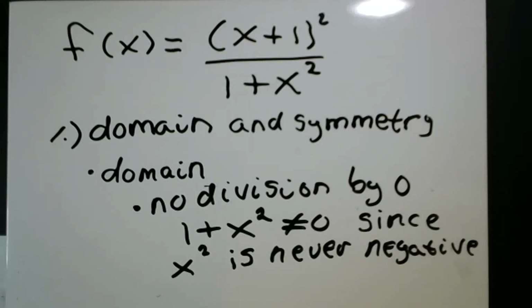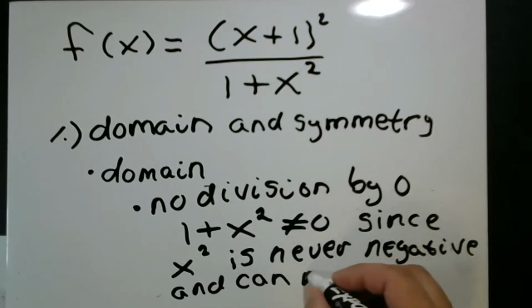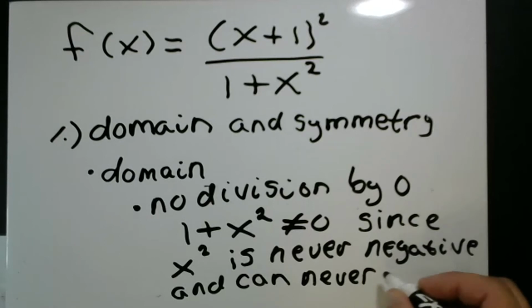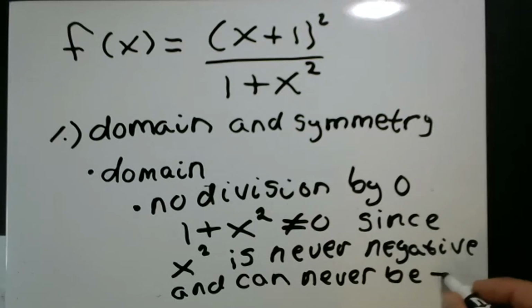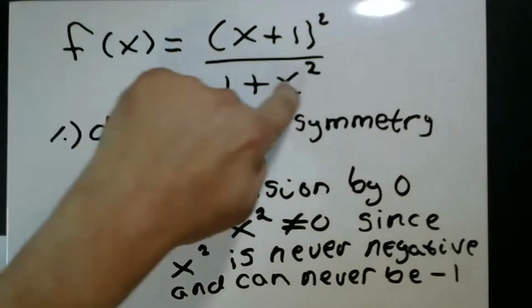And since it's never negative, it can never be -1. Now, this is true for real numbers, so we're not going to worry about imaginary or complex numbers. So this denominator will never become 0.